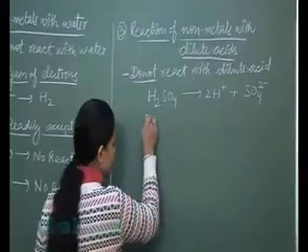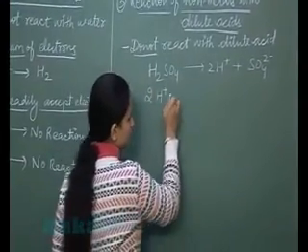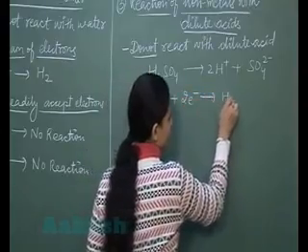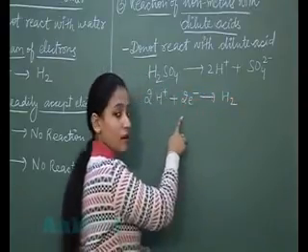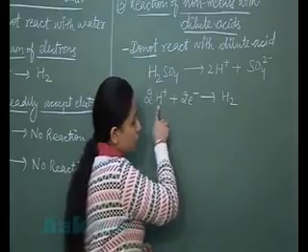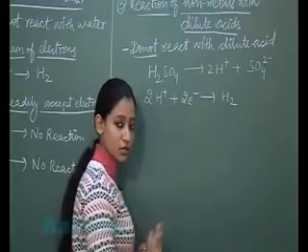So these two H positive ions from the acid should accept electrons to release the hydrogen gas. Now when there is nothing which can give the electrons, H positive ion will not be reduced to give the hydrogen gas. So actually this reaction does not occur.